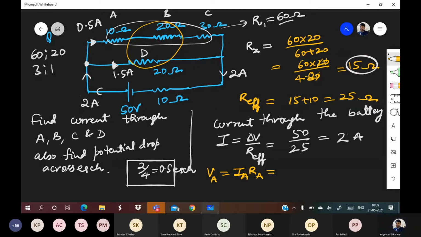IA is 0.5 and RA is 10. That will be 5 volt. Similarly, VB is equal to IB into RB and that will be 0.5 into 20.